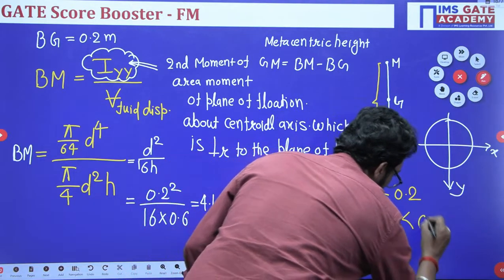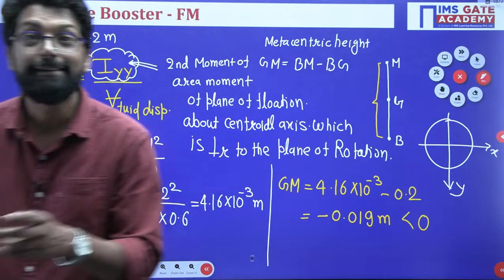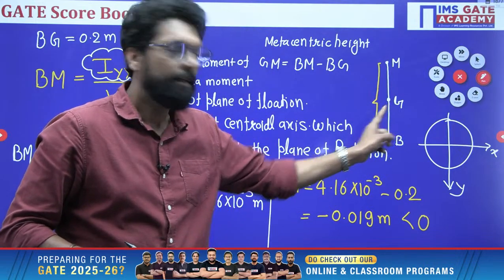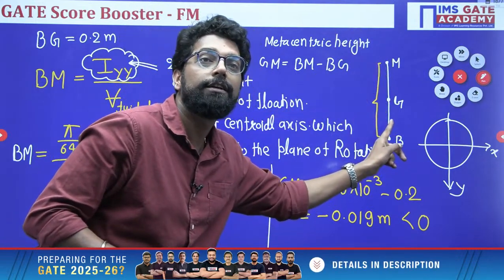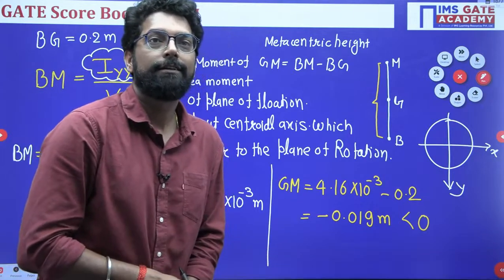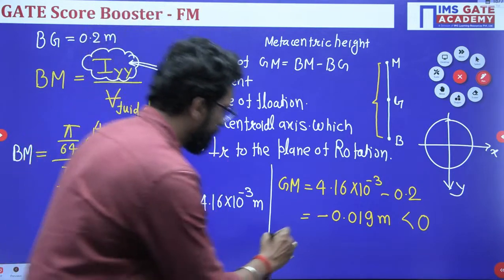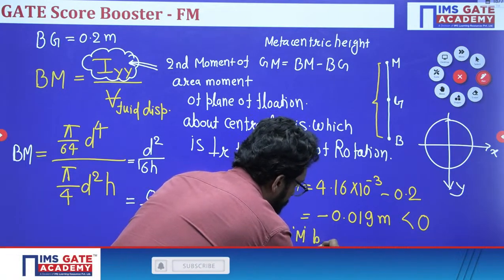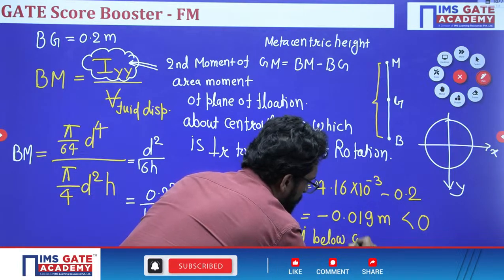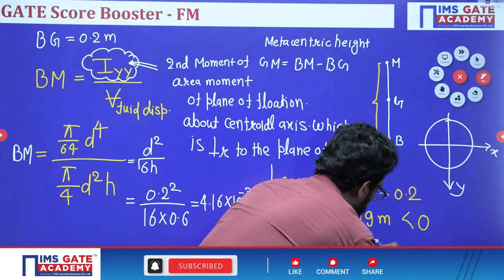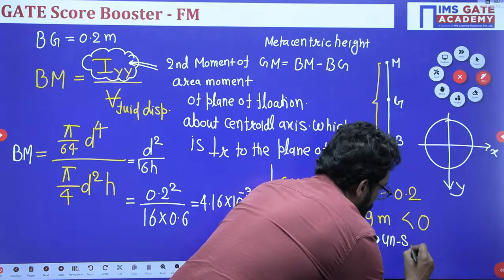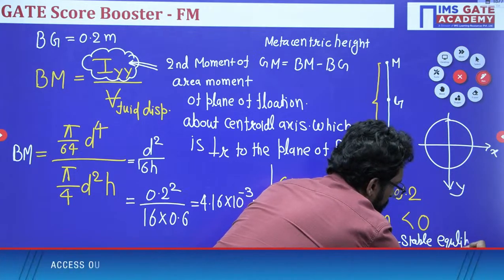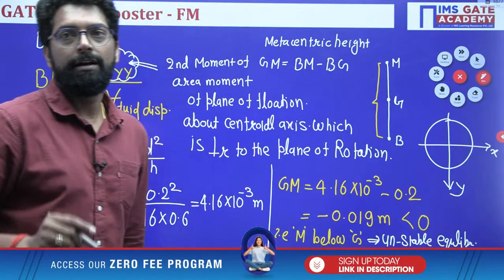That means less than 0. That means M is below G. If M is below G, the body is in unstable equilibrium. That is your unstable equilibrium.